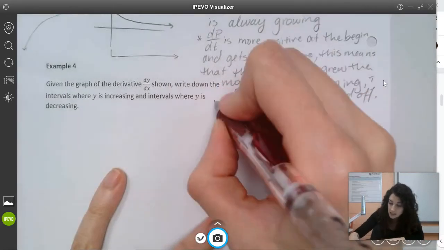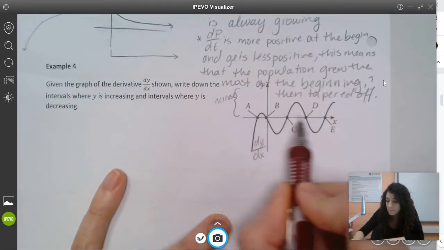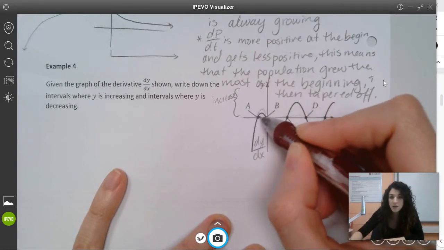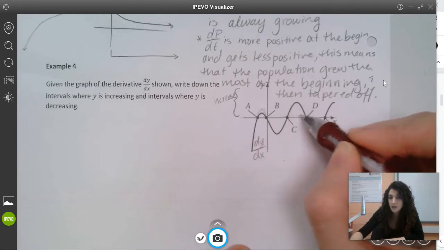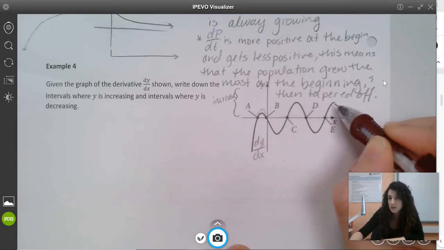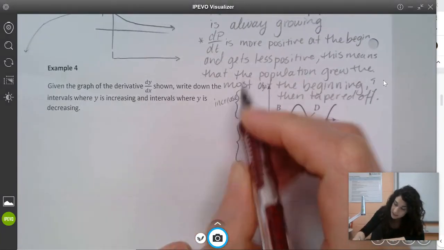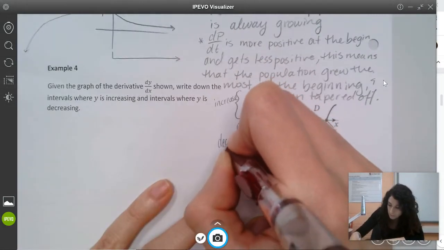The original function is increasing when we're above the x-axis. This means that the original function is increasing there. We know that the original function is decreasing when our derivative is below 0.